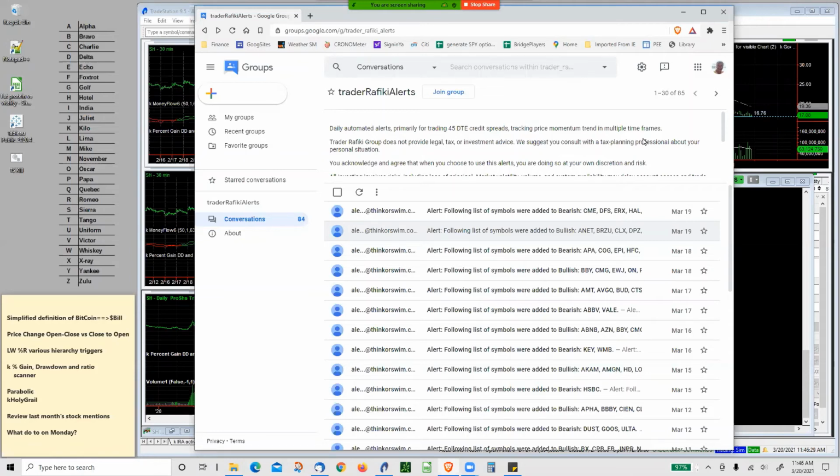Sometimes I put the order in that night and let it open, and then it fills at the same exact price, because in the morning these spreads are so wide that you can easily get fills at what you're asking for limit. Say I'm looking for $1 credit on a $3 wide spread. Just as a hypothetical example, you might not get $1, but you might get 75 cents.